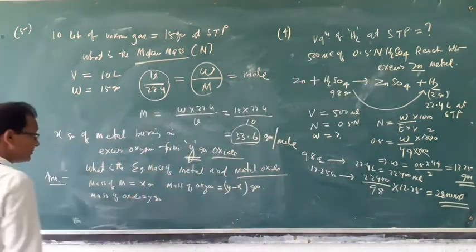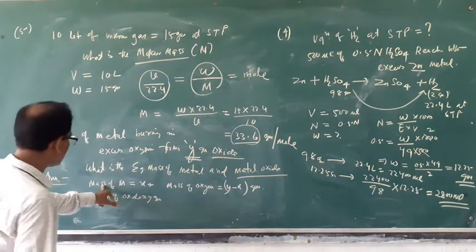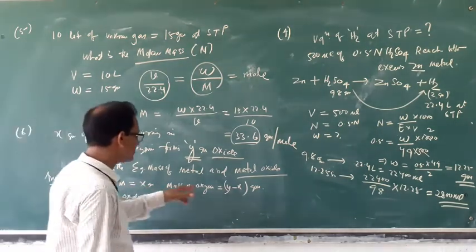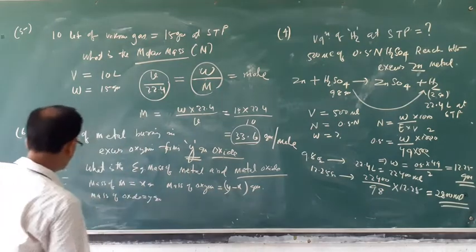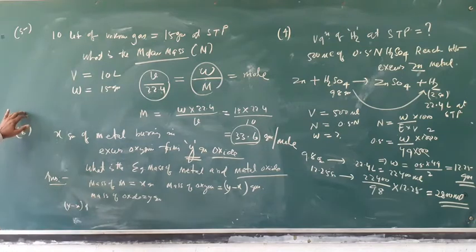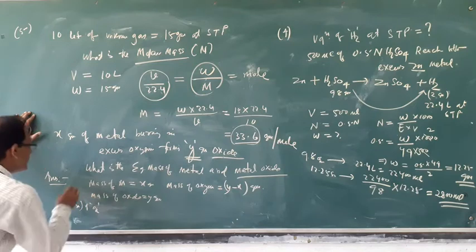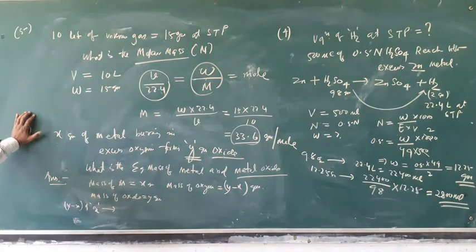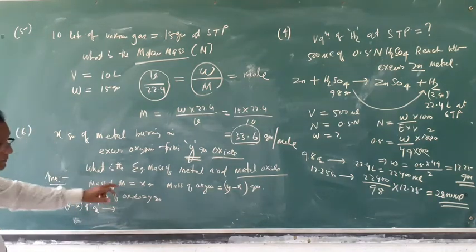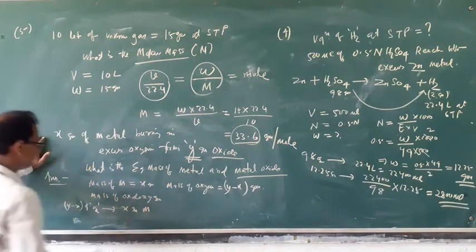So you have to calculate like this. As metal is X and mass of oxygen is Y minus X. So Y minus X of oxygen combined with how much gram of metal? X gram of metal.